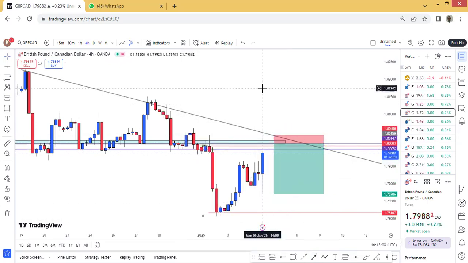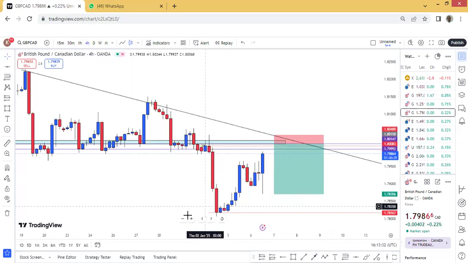With this, we can set our pending orders and wait, or we can wait for price to test the trend line, give us a 15-minute pin bar or a 15-minute engulfer, and then we pull our trigger, and then 1:5. That's it.